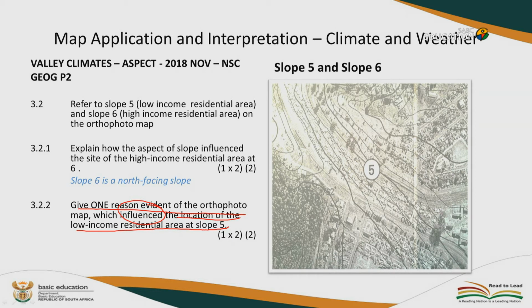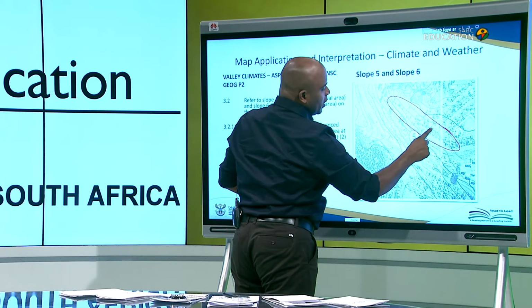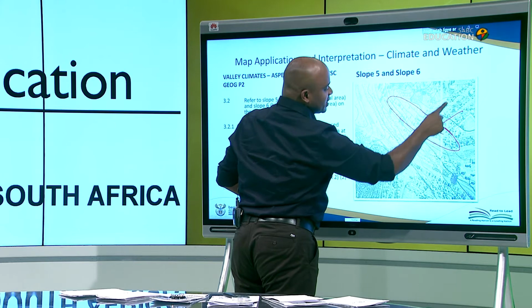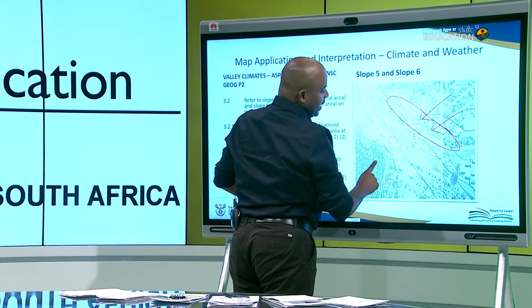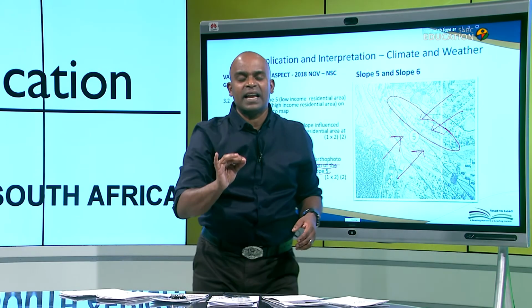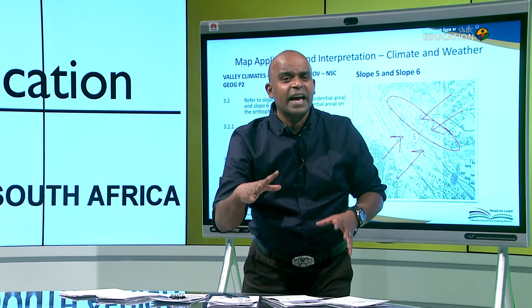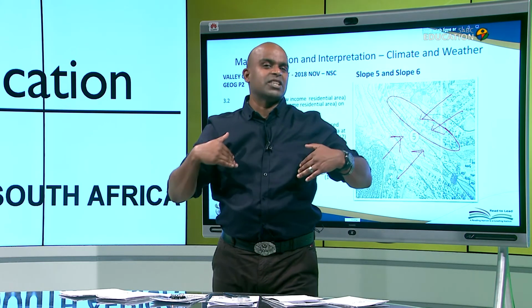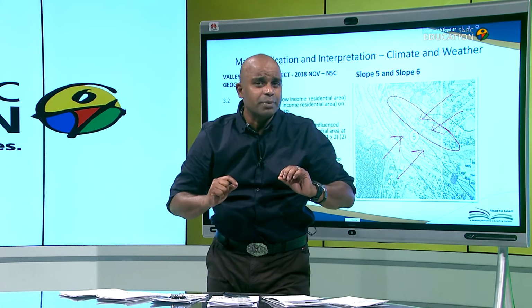And if you look at slope 5, here's your slope with a settlement that is located there. This slope is, when compared to slope 6, much smaller and therefore receiving less sunlight. And if there's less sunlight, its inhabitants will be that much less, its property values will be that much less.